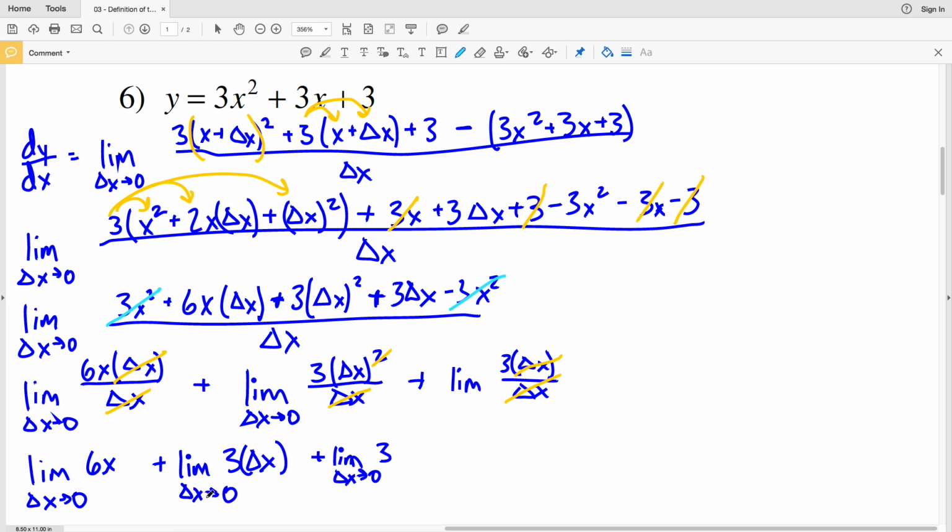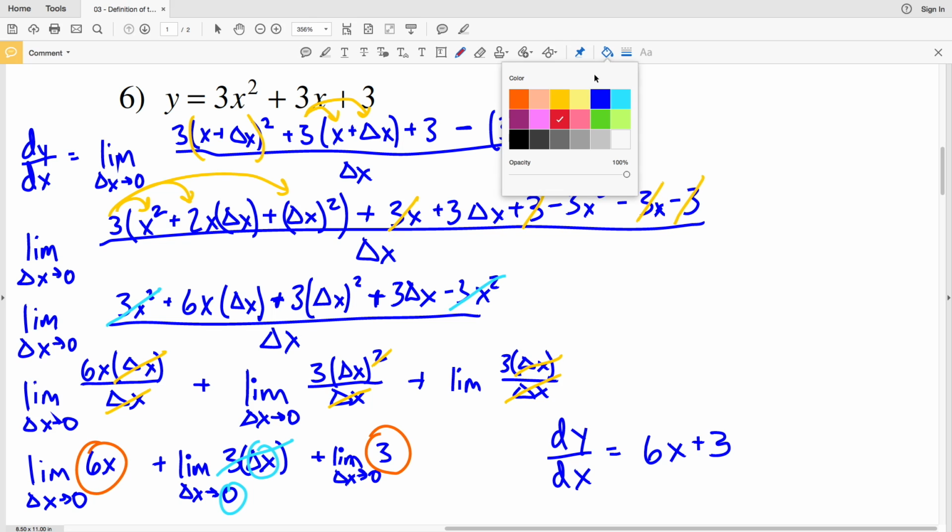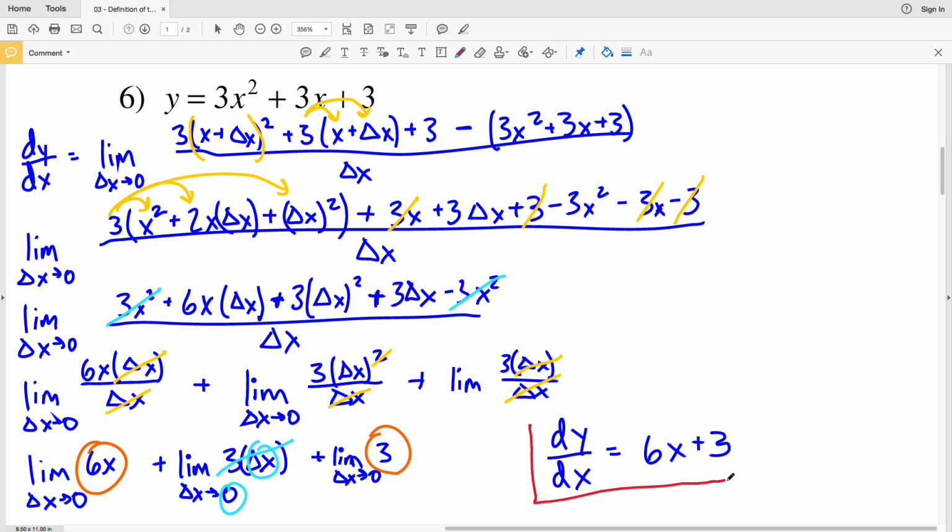However, as delta x approaches 0 for my middle term, we can substitute in 0 for delta x, and 0 times 3 is 0. So my derivative with respect to x, dy dx, is going to be 6x plus 3. And that's my solution in number 6. Let's move on to number 7.